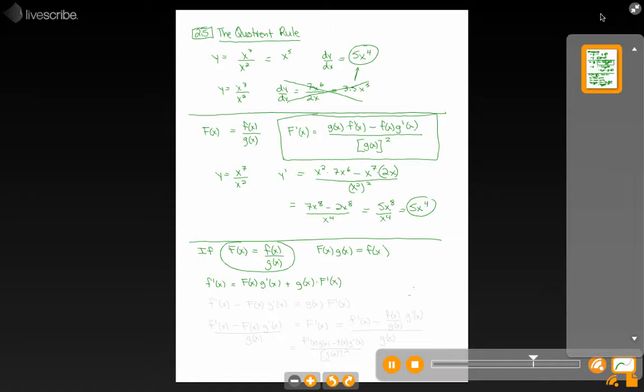Now, what I was looking for in the first place is big F prime, so if I just solve for that, I need to, first of all, subtract F of x g prime of x. That's going to equal g of x F prime of x. Now divide both sides by g of x.